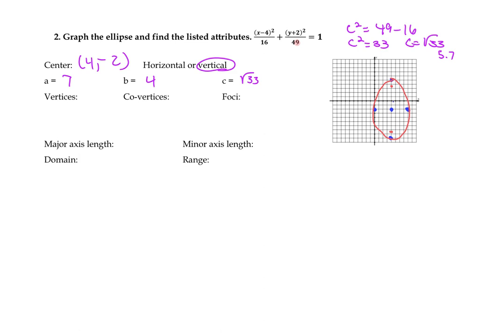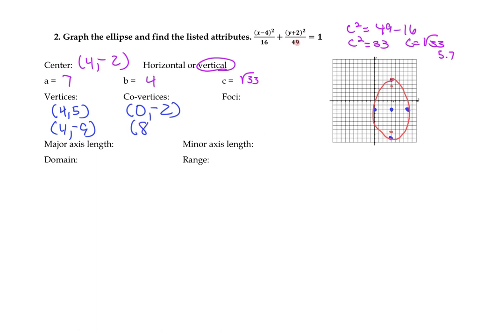So now my vertices are going to be at 4, 5, because from -2 plus 7 is 5, and then 4, -9, because -2 minus 7 is -9. And now my co-vertices, this is over at 0, -2 and 8, -2, because I'm going from 4 and go left 4, so that's at 0.